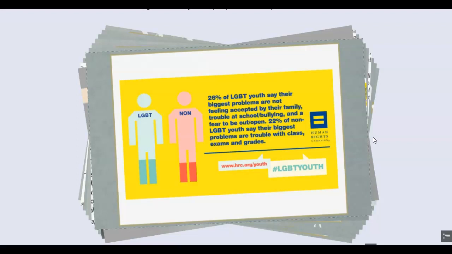All right, so when you're looking at two different types of teenagers, the teens who are in the LGBT community are more afraid of being accepted and being bullied and fear of coming out of the closet, whereas teenagers who are not LGBT are more concerned with grades and classes and exams, and those are the things that they are more afraid of.